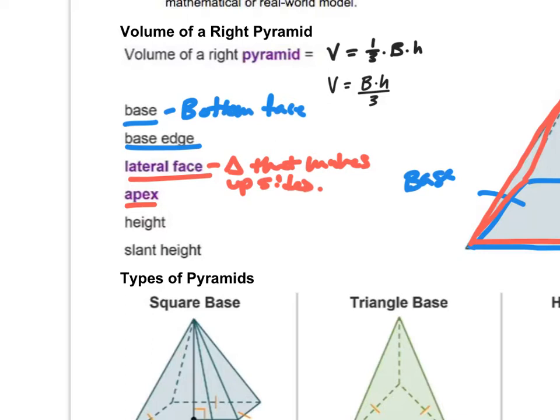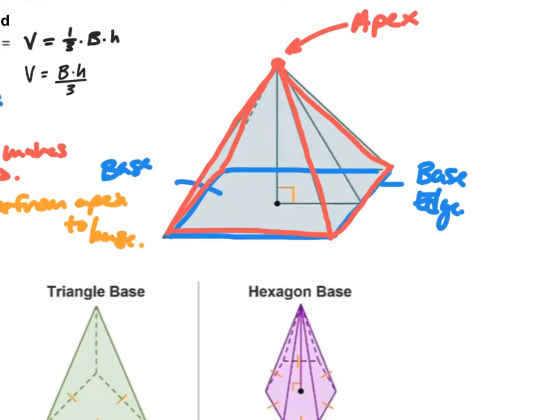The height of the pyramid is the perpendicular distance from the apex to the base. You can see that here as this distance from the apex point all the way down to this point. This is your height.